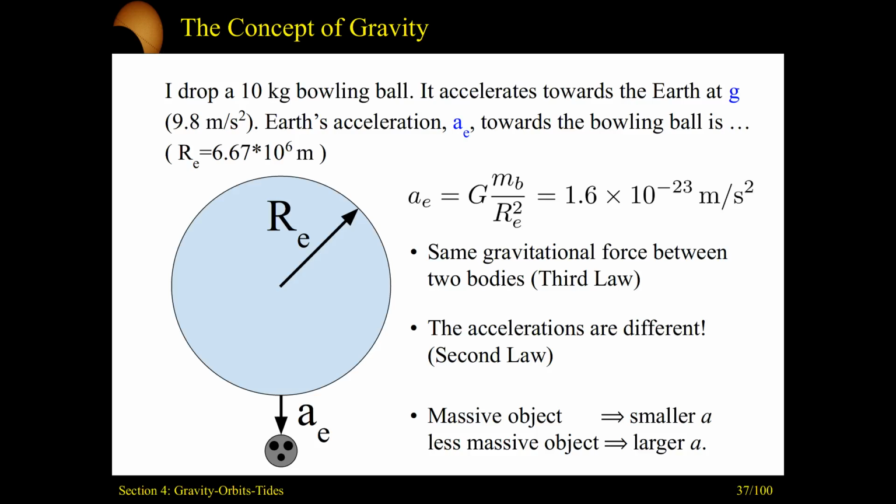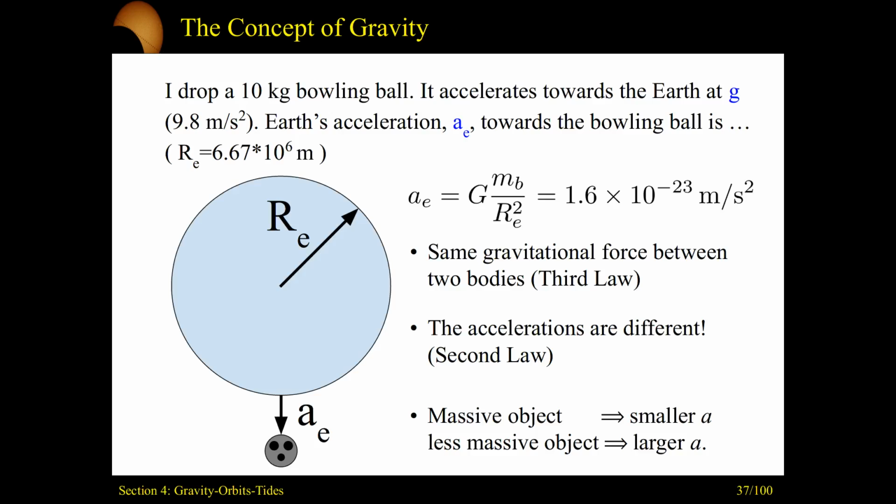Remember your third law. Newton's third law says that there will always be equal and opposite forces. The bowling ball has this F gravitational pulling the bowling ball down towards Earth. Earth will have the same force pulling Earth towards the bowling ball. But just because the forces are the same, the accelerations have to be different.